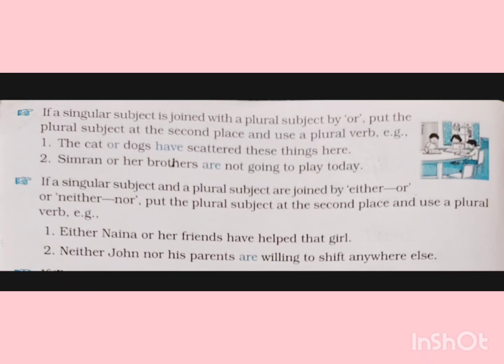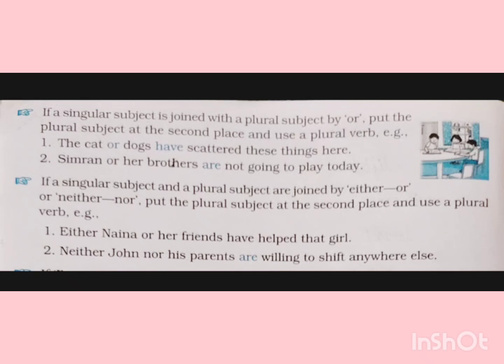We are talking about many dogs. So if one is singular and the other subject is plural, then we will use have. That means we will use a plural verb. So it will become: the cat or dogs have scattered these things here.